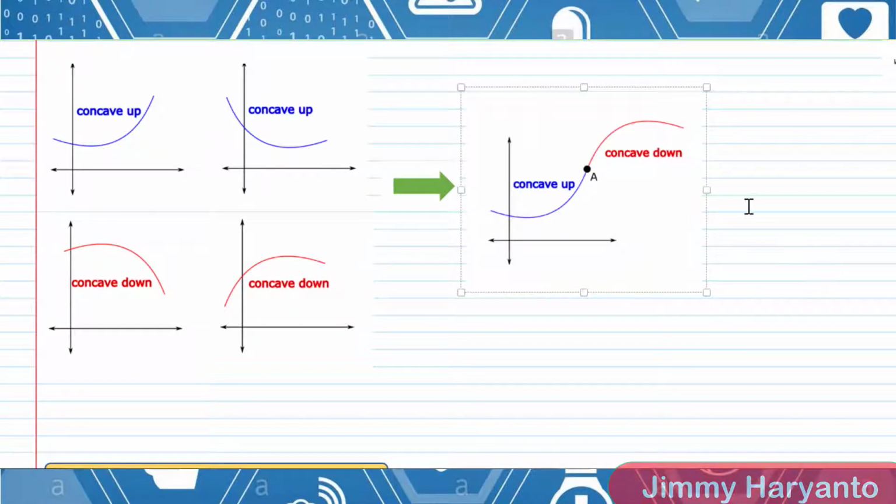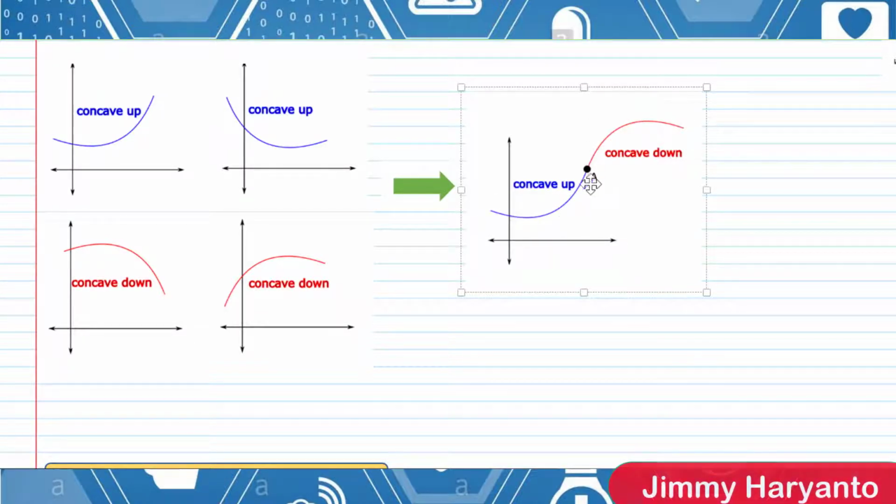Okay, so this is an example of a curve that is concave up. It will be like this or like this. That means it opens up. If the curve opens up, that means it's concave up. And if the curve opens down, that means concave down. Okay, and if I combine them, I will have a function that is concave up and also concave down.